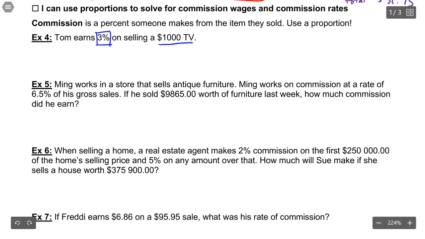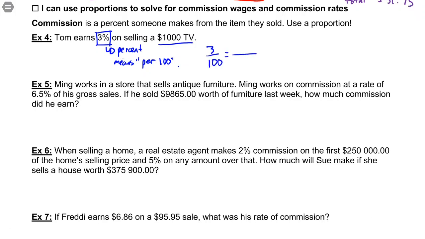Now, this 3%, recall that percent literally means per 100. So 3 per 100 then is our fraction. So 3% is 3 per 100. Now on our right hand side, this top number is unknown.